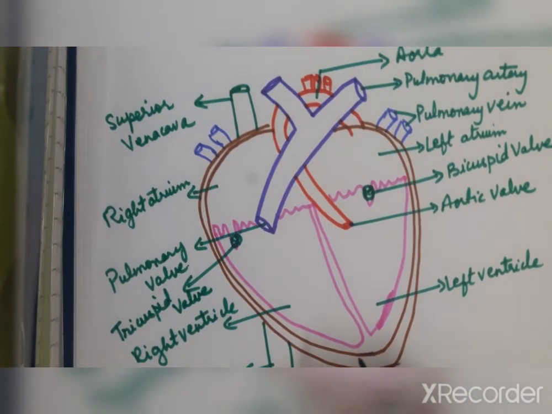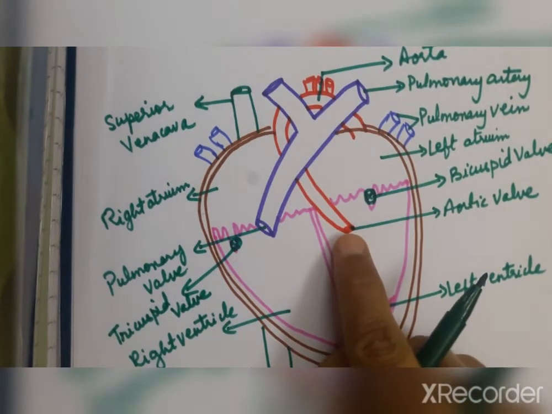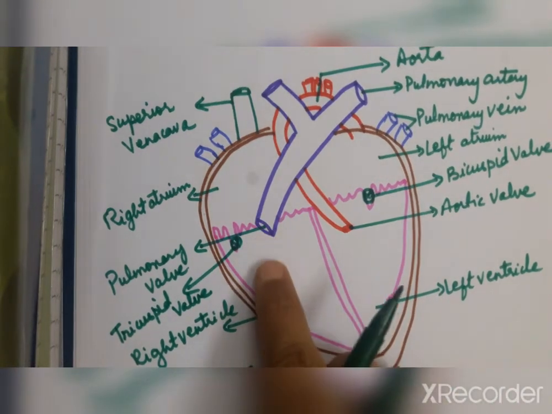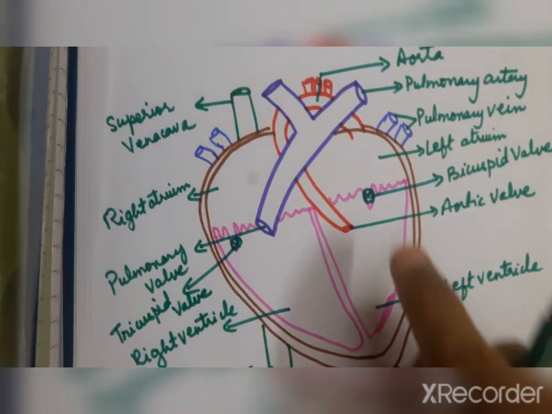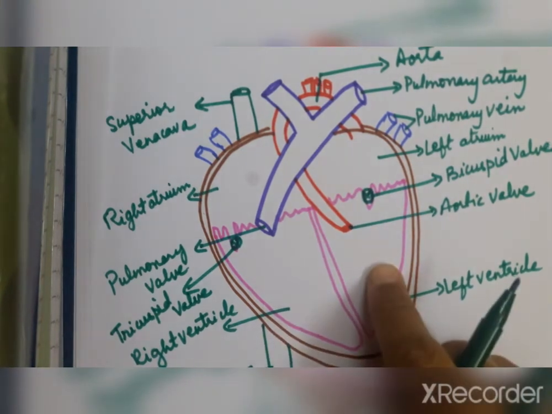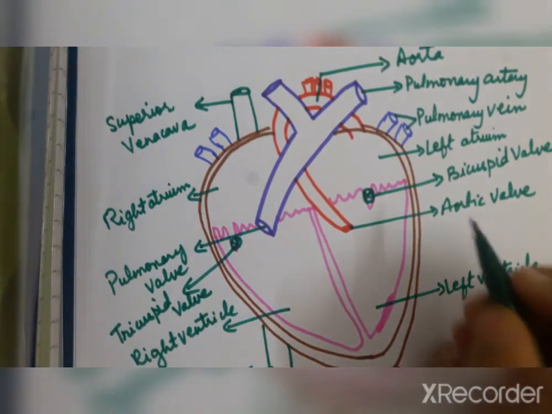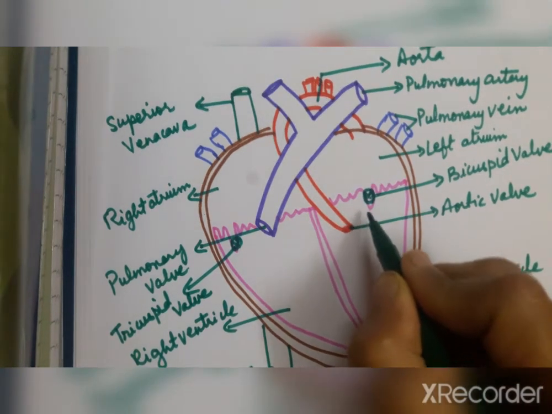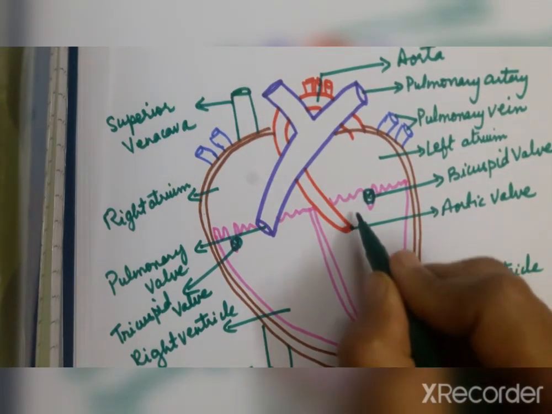Okay. Now children, you should remember that the aorta will open into the left ventricle. Aortic valve is present in the left ventricle and pulmonary valve is present in the right ventricle. Okay. These 4 chambers are separated by septum. So this septum which separates the auricle and the ventricle, it is called as the auriculoventricular septum.